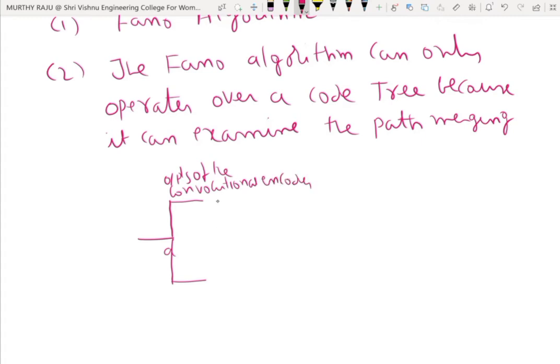And go to the next state. Next state is similar to A state or another state, let it be P state. In this way, the code tree will be developed from left to right like that.